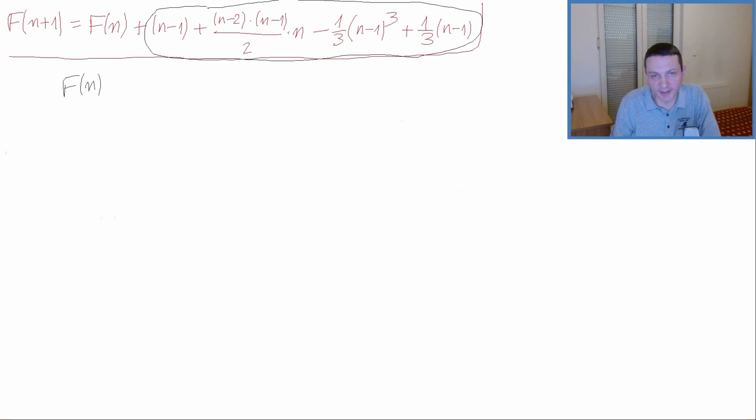N cubed is the largest monomial here. So the largest exponent which I have in this expression here is actually n cubed. And so I will look at the solution which is a polynomial of degree 1 bigger, so which is of degree 4. I will try to find a polynomial of degree 4, which is our solution.